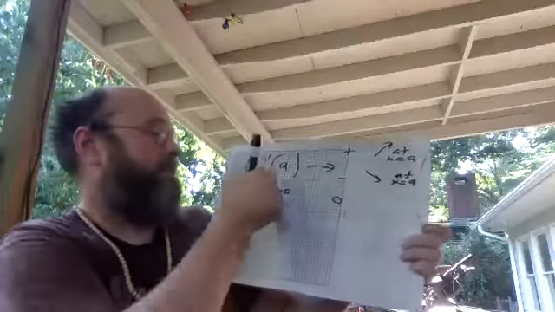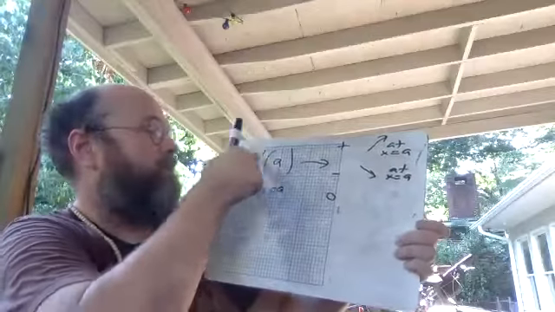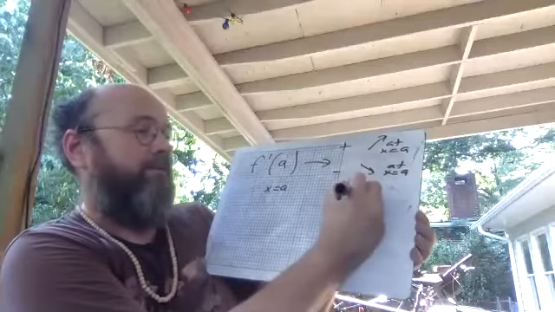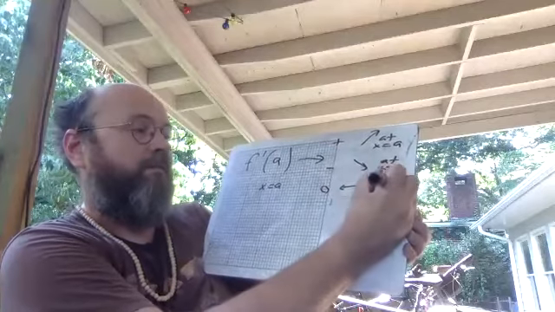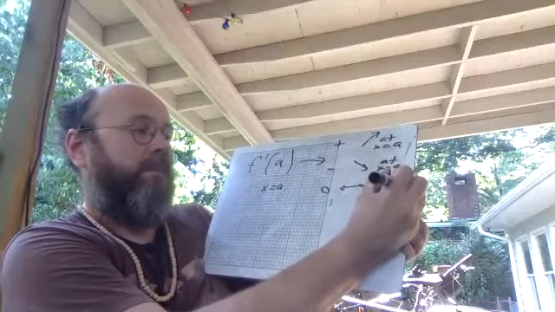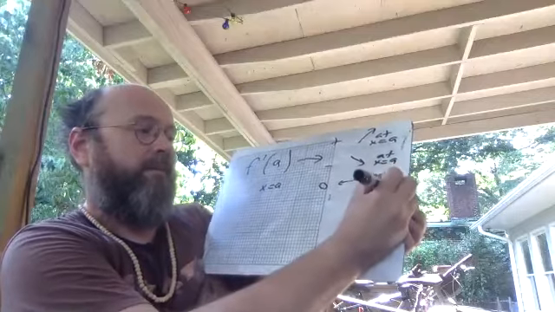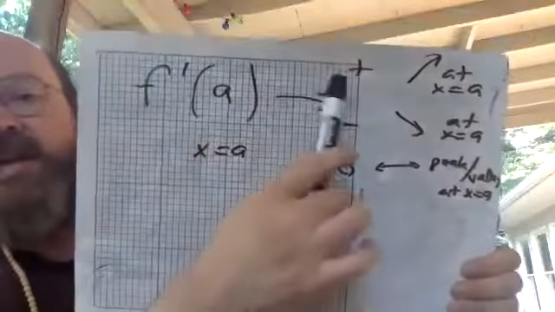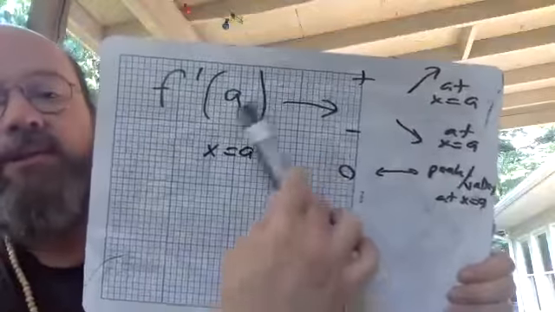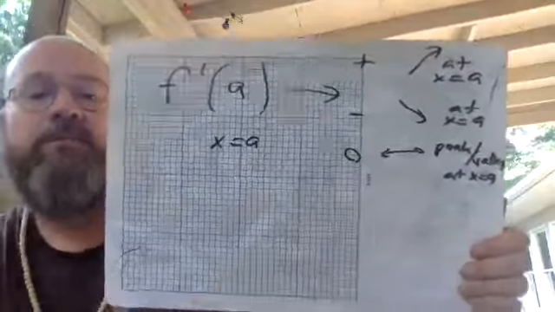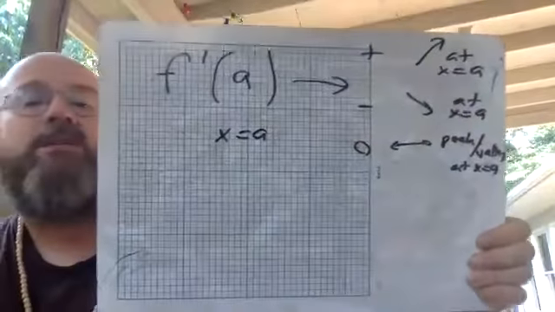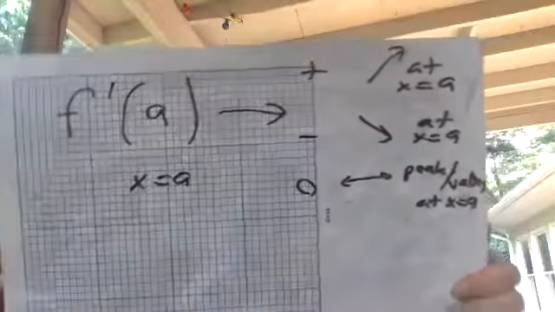And if it's 0, it tells you that it's a peak or trough, a peak or valley, at x equals a, a max or a min. I'm just saying, you take the derivative, you plug it in, you just check the sign. You're not looking at the number. You're just saying, is it plus, minus, or 0? And that tells you if it's increasing, decreasing, or not. We're not asking how steep it is, what the number is.